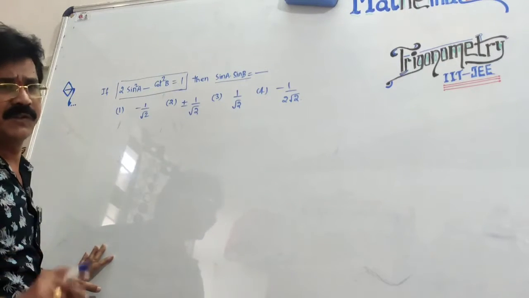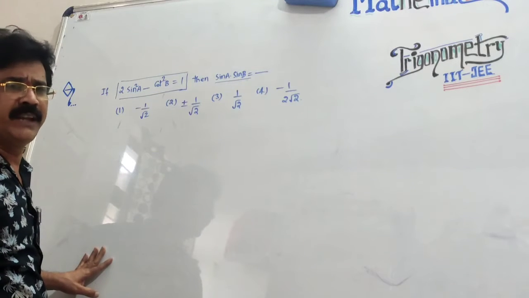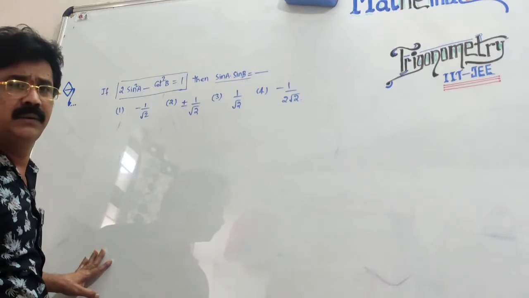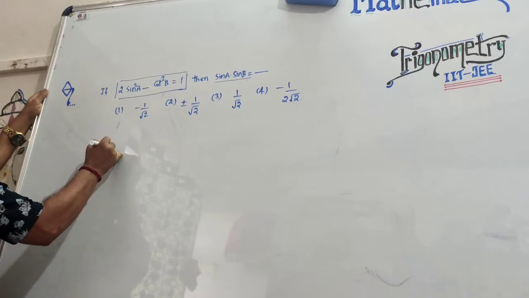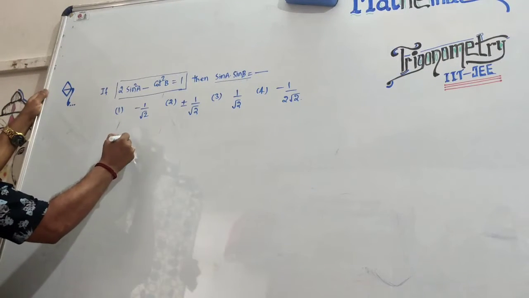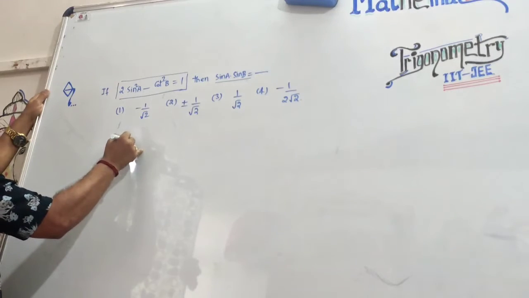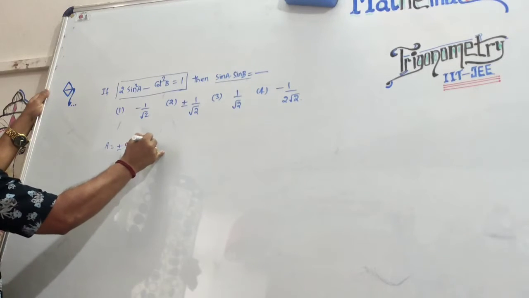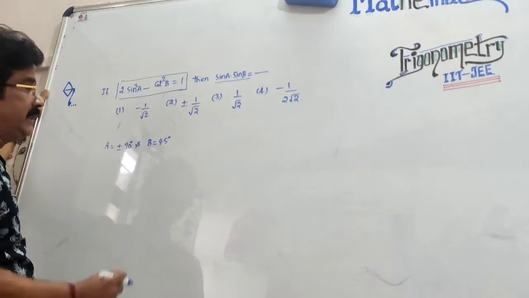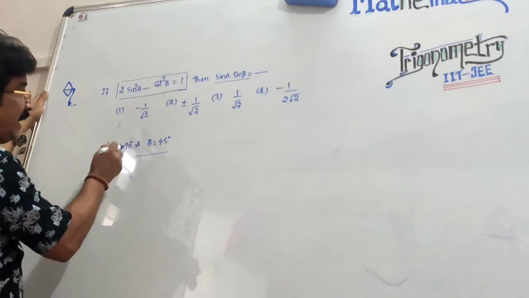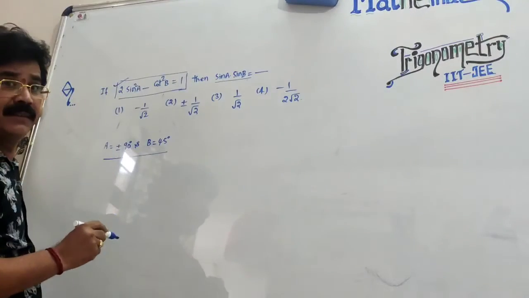Otherwise, follow the procedure. Did you think of a, b? I thought that a equals plus or minus 90 degrees and b equals just 45 degrees. These values satisfy the given condition.